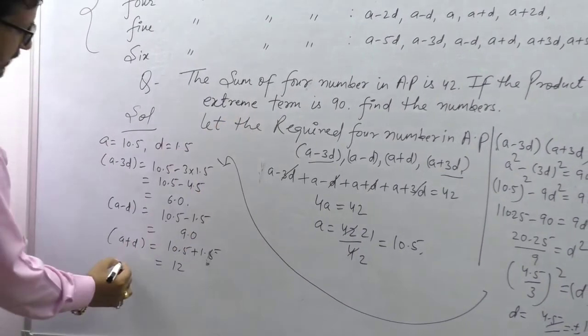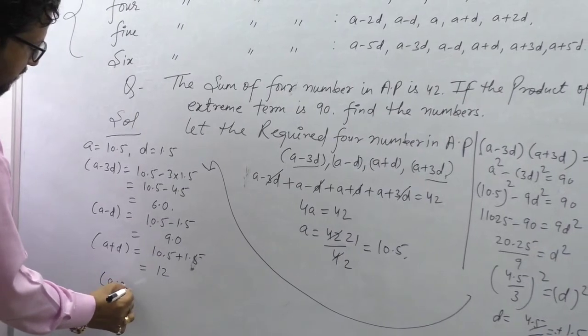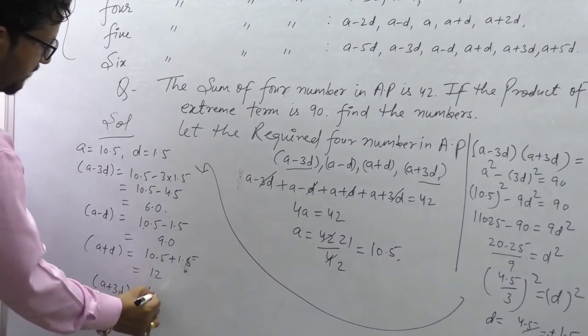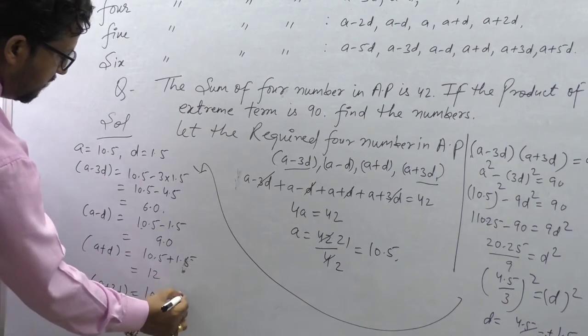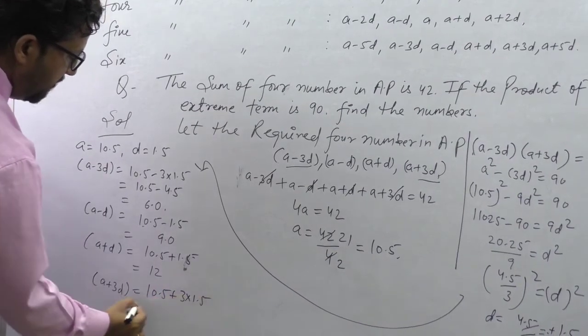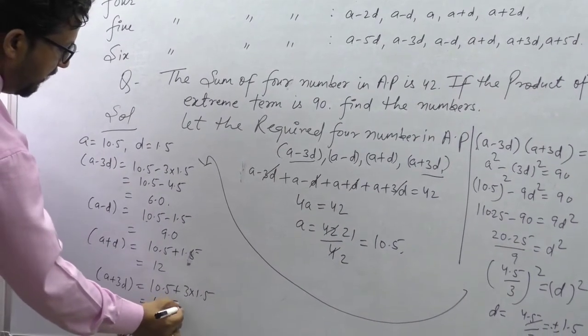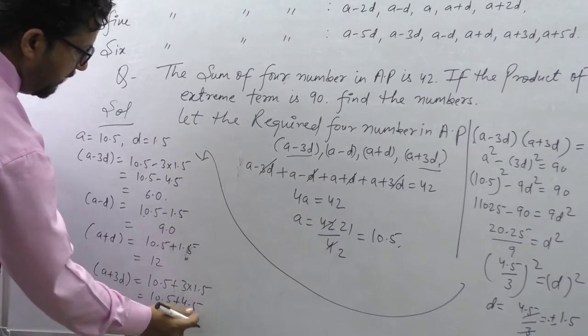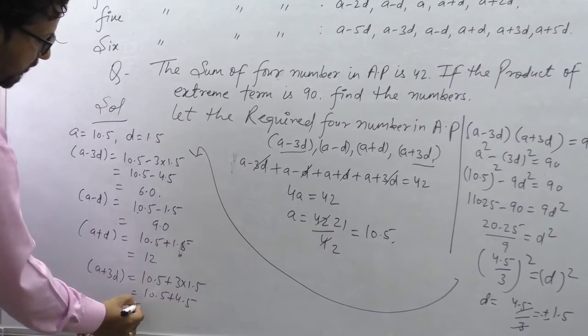And the last is a plus 3d: 10.5 plus 3 times 1.5, which is 10.5 plus 4.5, which is 15.